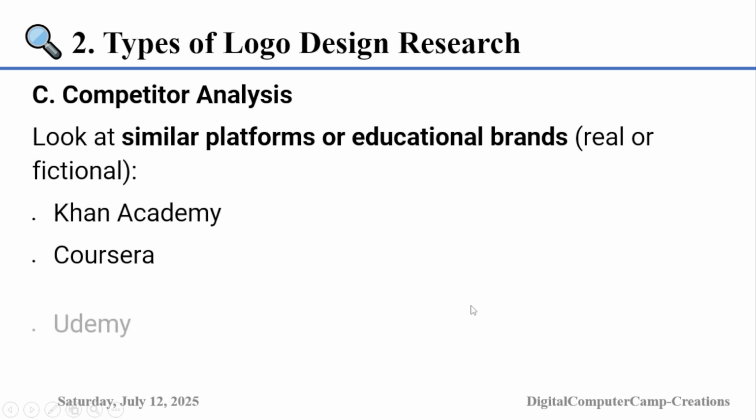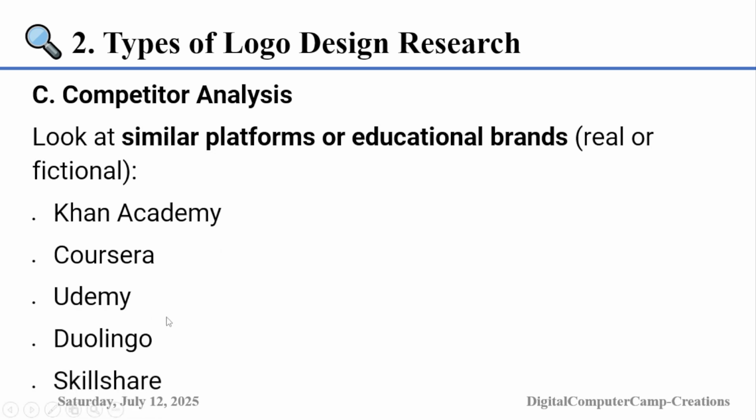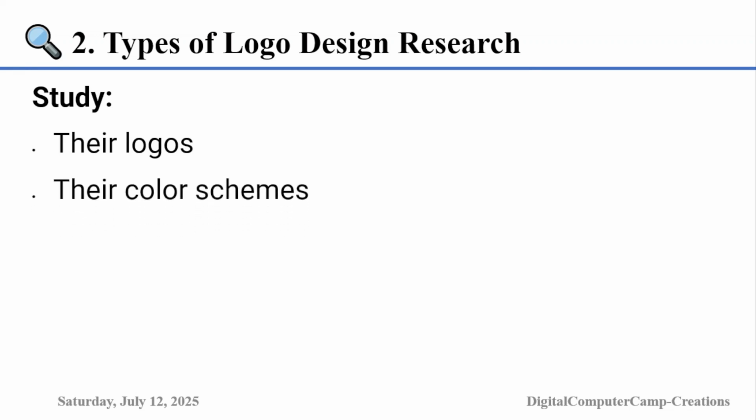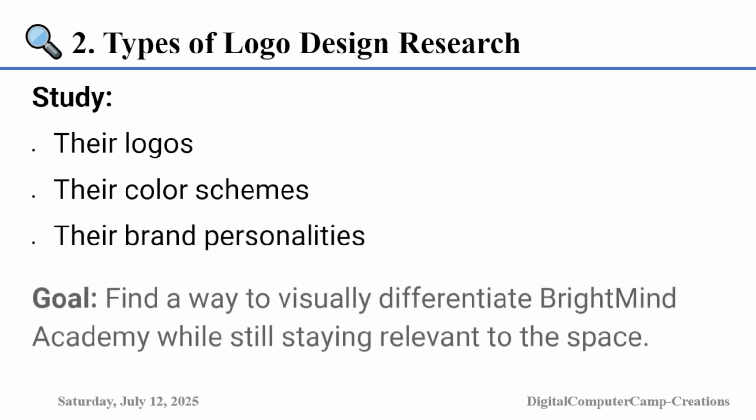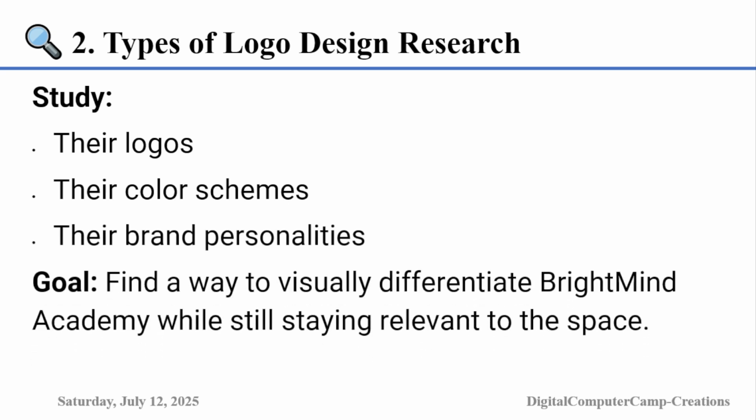Go to Udemy, Duolingo, Skillshare, check out their logos, take screenshots, and study them, their color schemes, and their brand personalities. Goal: find a way to visually differentiate Bright Mind Academy while still staying relevant to the space.